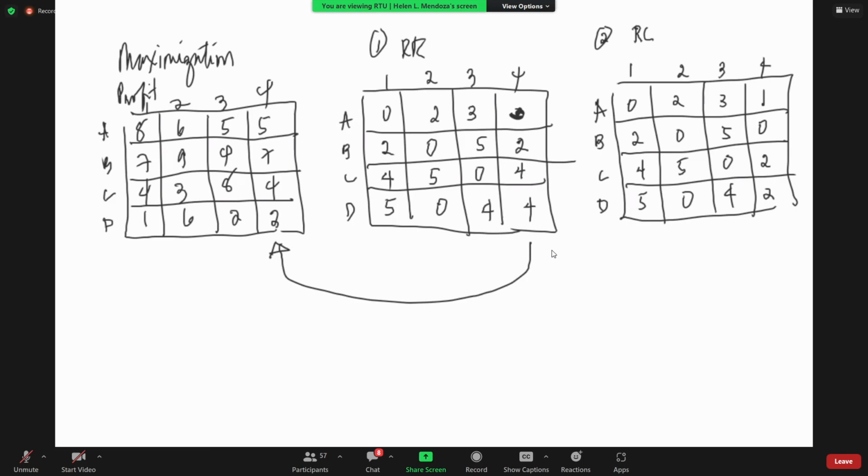Bakit? Kasi this is a modified version because the assignment problem works well with minimization. Now, when we work with maximization, we are modifying the algorithm. But it makes sense to go back para ma-retain sa isip mo at oo nga, ang gusto ko kasing gawing 0, yung mas mataas, hindi yung mas mababa.